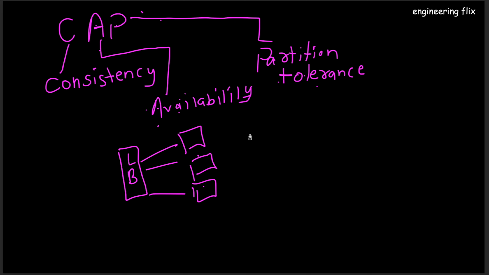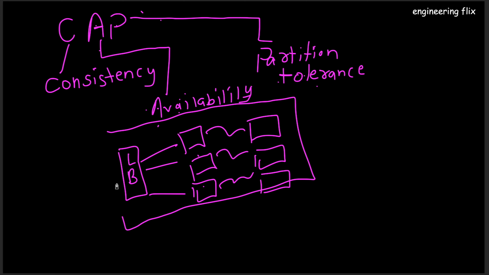There might be certain databases behind these servers. There might be replicas, multiple nodes of the database, and these servers might be interacting with these databases. So in such a distributed system, the CAP theorem comes into the picture. I will first explain what consistency is, what availability is, and what partition tolerance is.